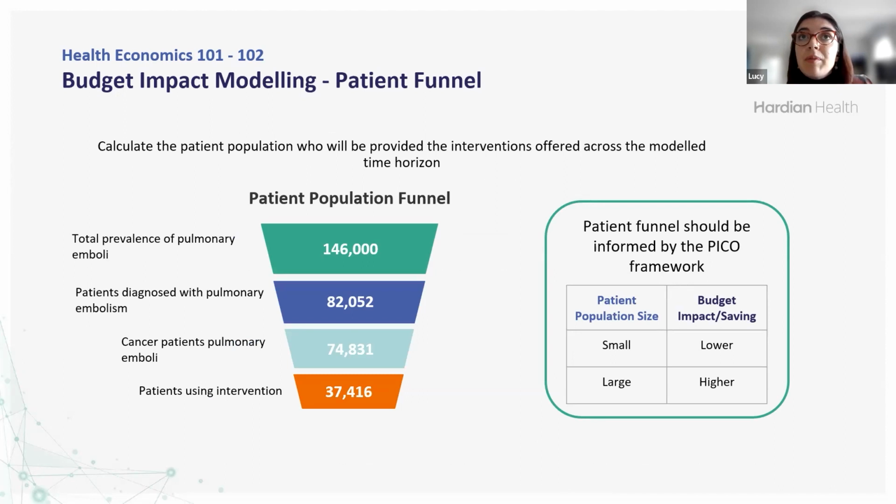A key part of the budget impact model also is the patient funnel, refining the population, calculating the population for the model time horizon. And this really should be directly linked to the population quadrant of the PICO framework. And obviously the size of the population is going to have an implication on the budget impact or saving of the technology.